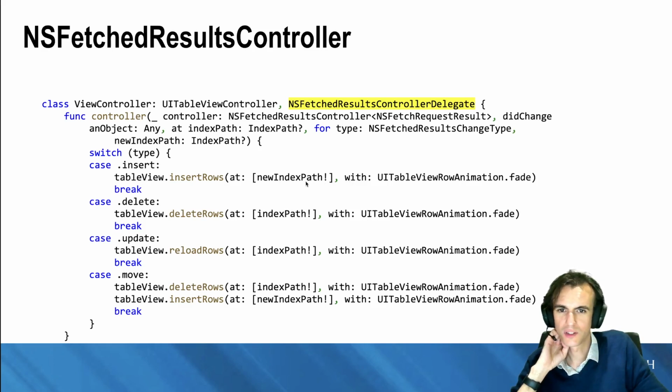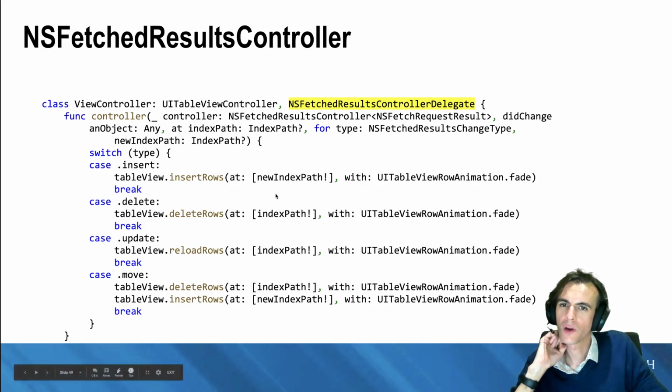If it's being inserted at a particular position, that'll be the new index path. If it's being deleted, you give it the old index path. If it's being reloaded, it's just the existing index path. So you can see how very easily this maps with the kind of process we have with UITableView.